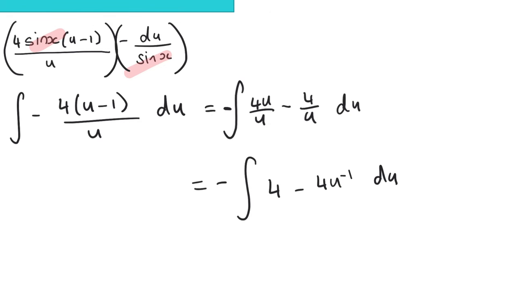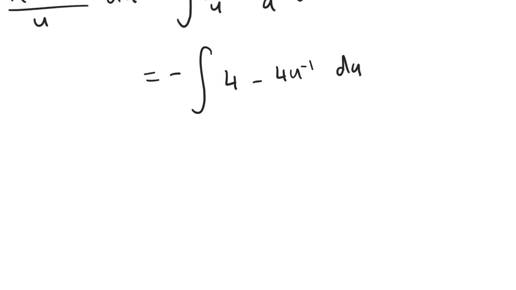However, we should spot that when we integrate something over x, we know it's going to be a ln. However, let's just pretend that some of you forgot that. We're now going to equal minus. Okay, so integration of 4. Increase the power by 1, 4u. Thank you.